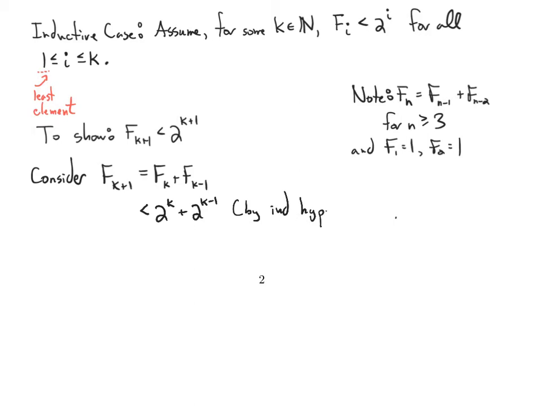But we have to be a little bit careful, because remember that we can only use this when k+1 is 3 or greater. For k+1 greater than or equal to 3, which is the same thing as saying that k is greater than or equal to 2. So this means, and we'll do this afterwards, that we have to handle the case when k equals 1 separately.